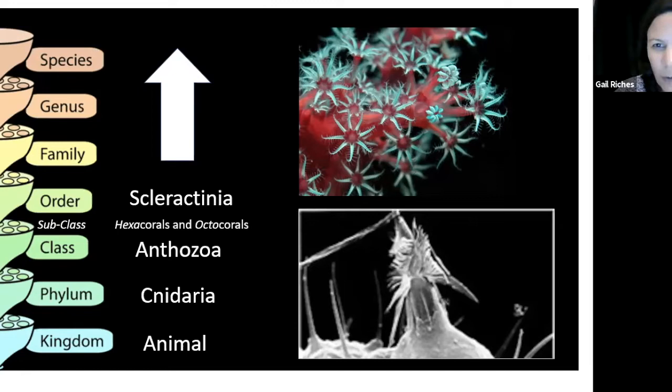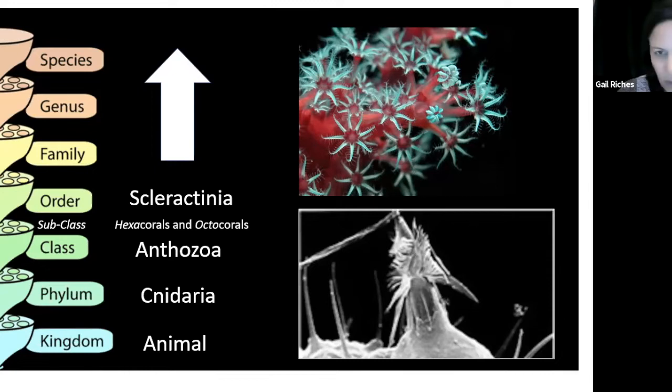Octocoral is all the soft corals, octo meaning the number 8. So soft corals will always have 8 tentacles or multiples of 8 tentacles per polyp, whereas the hard corals, hexacorals, hexa meaning 6, will have 6 tentacles.